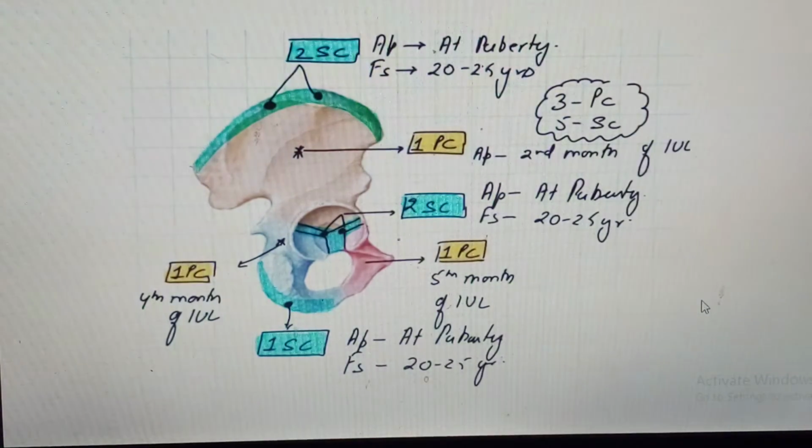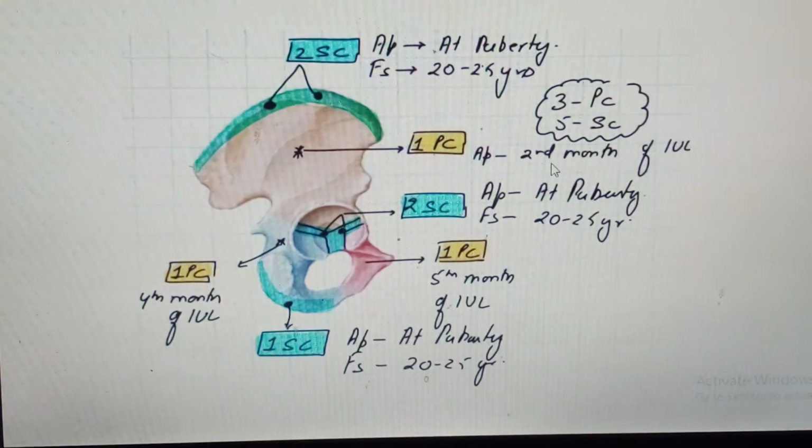Now, to give you additional information, one thing that we have to know is that the pelvis has 3 bones over there. Each bone will have a primary ossification center. So if you take the ilium, it will have one primary center of ossification, and that one will appear in the 2nd to 3rd month of intrauterine life.